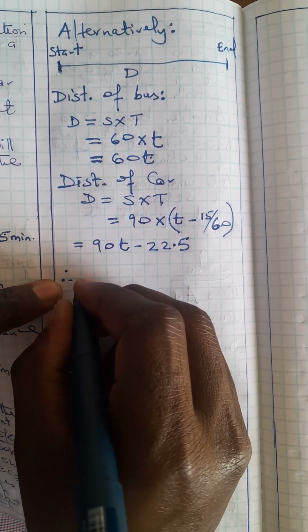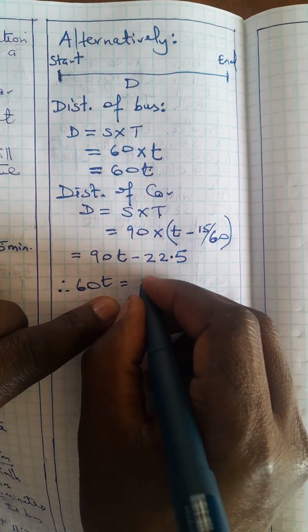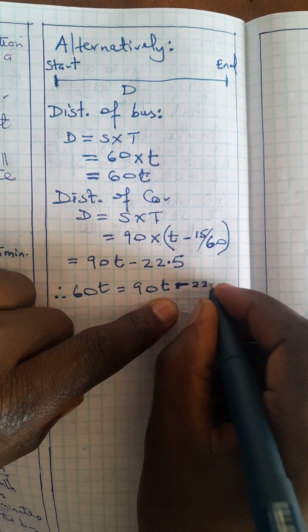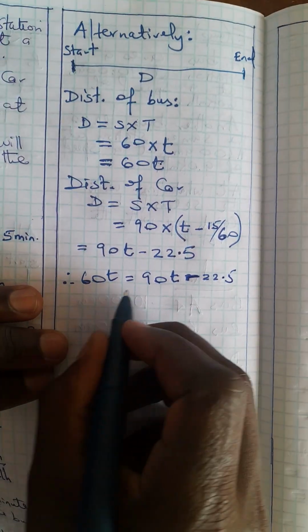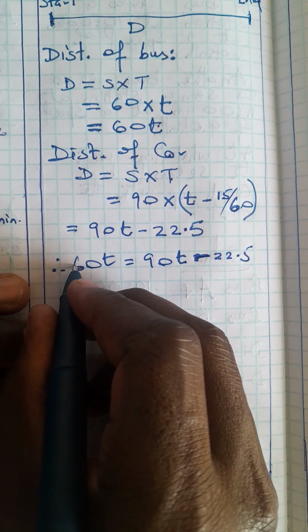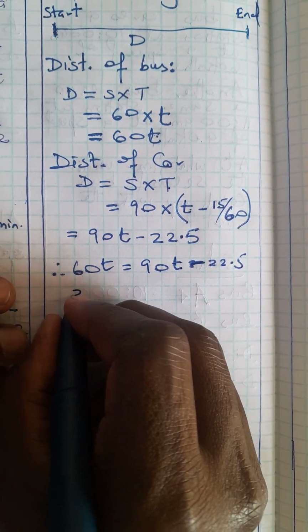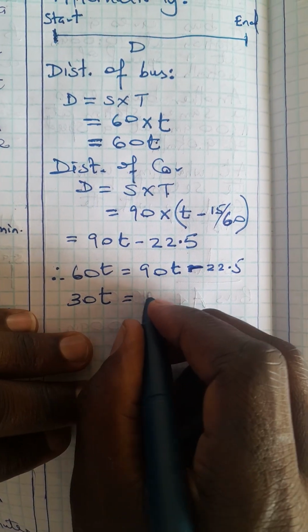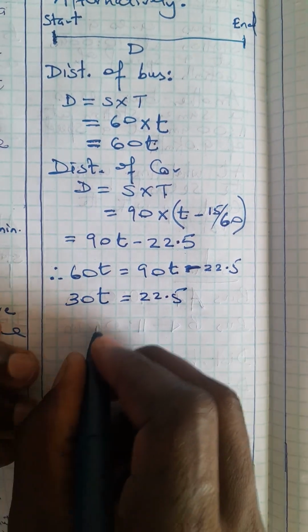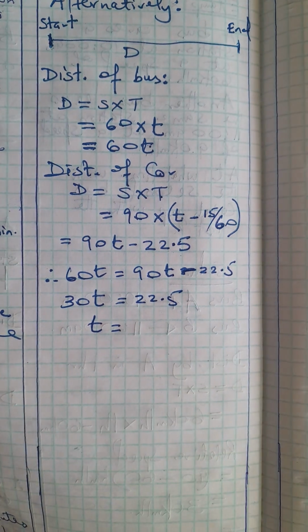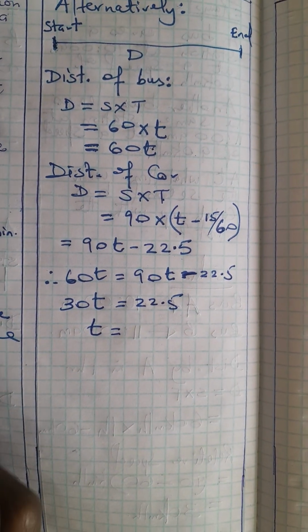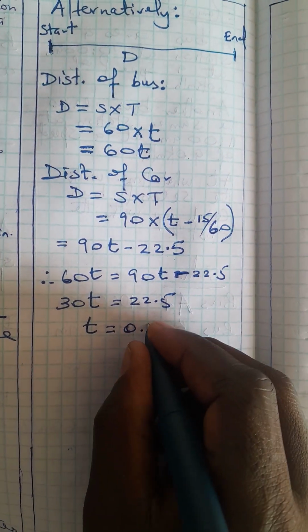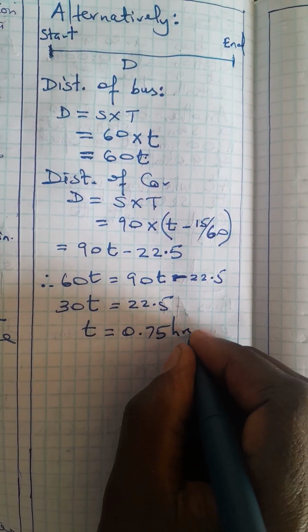Therefore, 60t is 90t minus 22.5. Collect like terms: 90t minus 60t gives 30t. Then bring this one here, it will be positive 22.5. The value of t is 22.5 divided by 30. This is 0.75 hours.